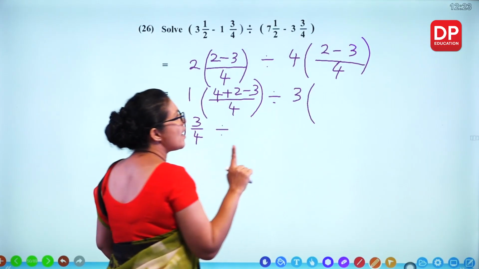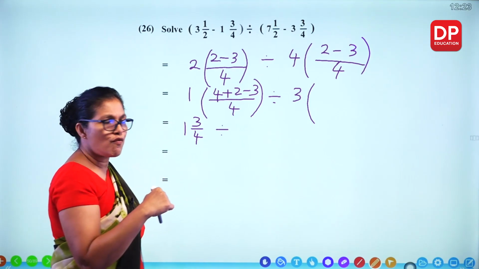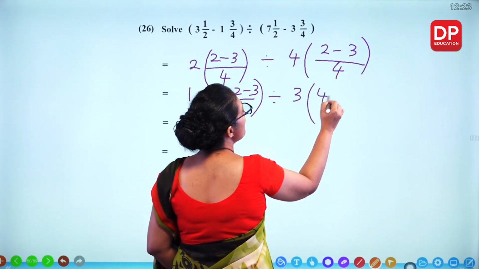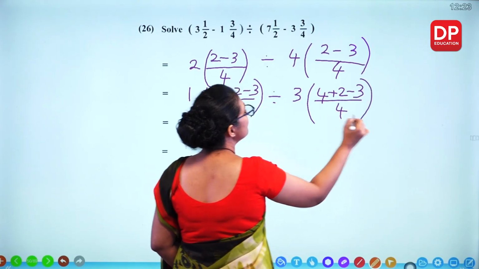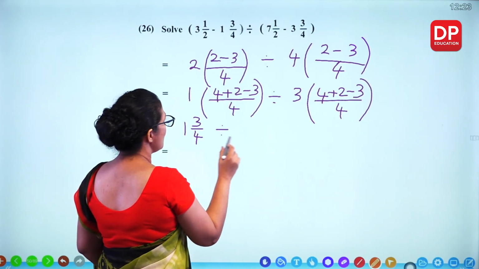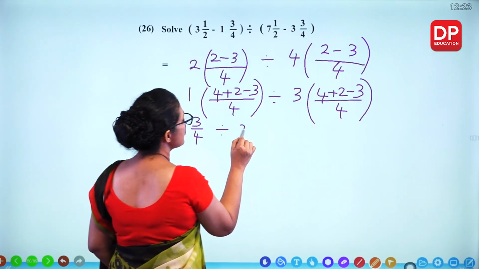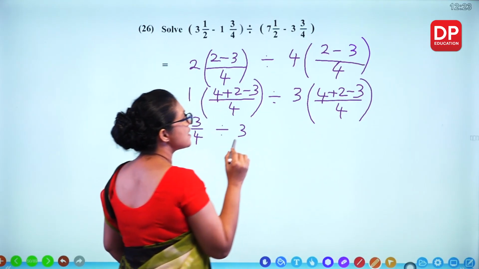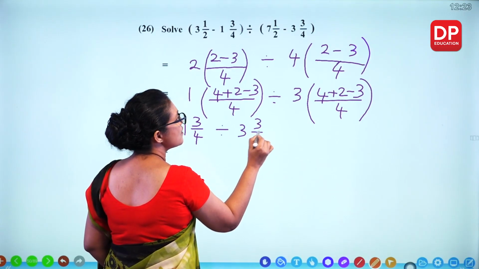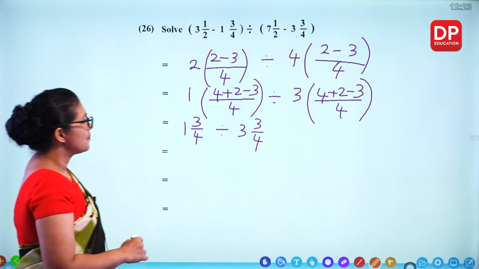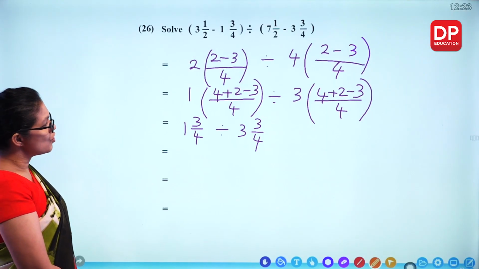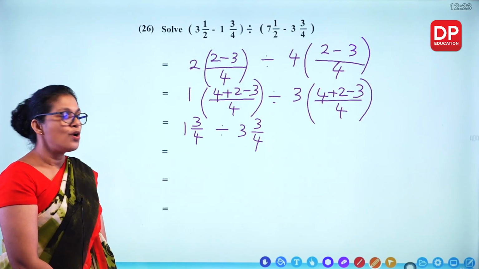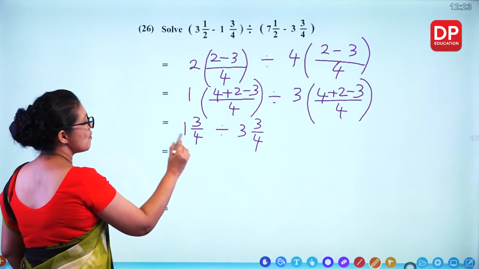When you are taking 1 inside means 4 out of 4. 4 plus 2 minus 3. So what you get? 3 parts are there. 4 plus 2, 6. 6 minus 3, 3. 3/4.